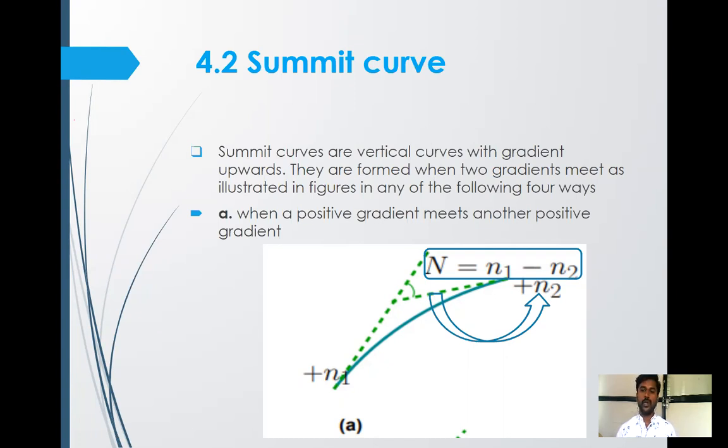They are formed when two gradients meet in any of the following four ways.